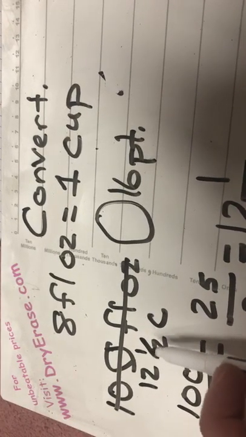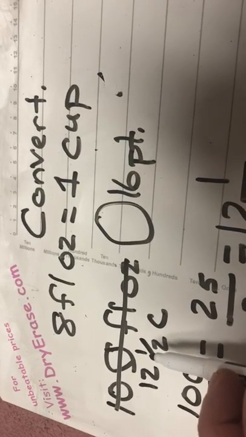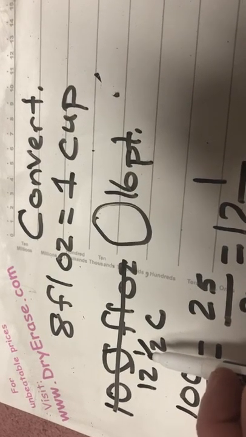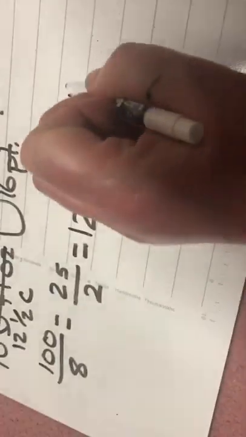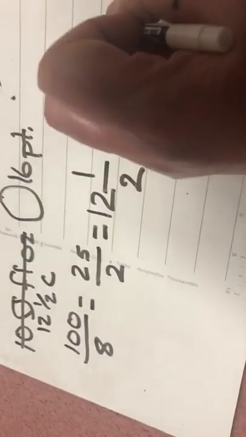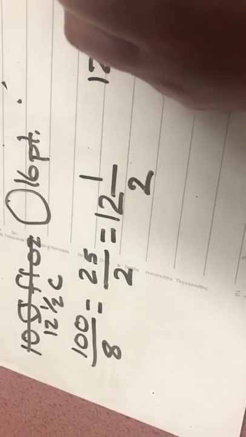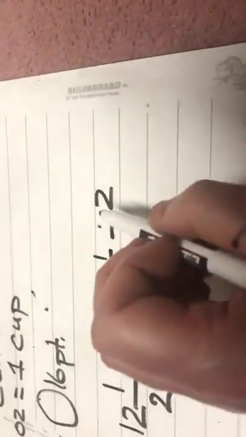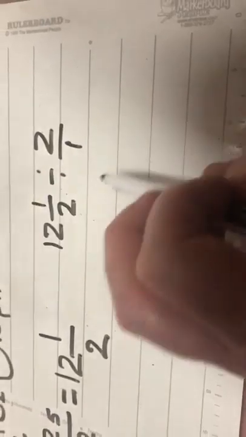To figure out how many pints this is, I'm going to have to divide it by 2 because there's 2 cups in a pint. Okay? So I've got 12.5, and I'm dividing that by 2. But I'm going to make a fraction out of that. That's going to become 2 over 1.